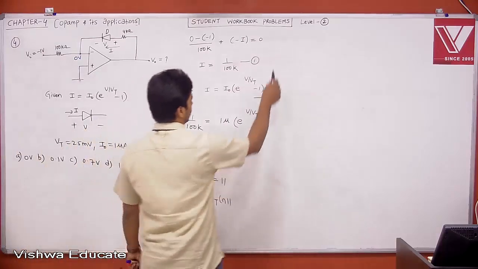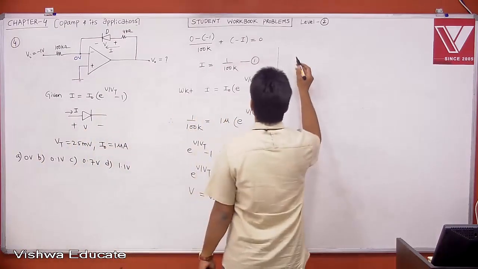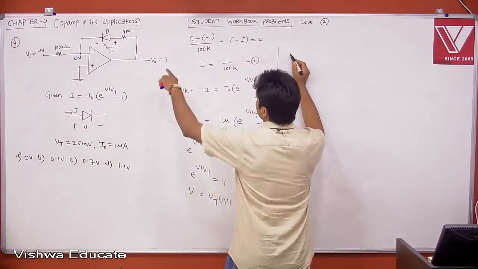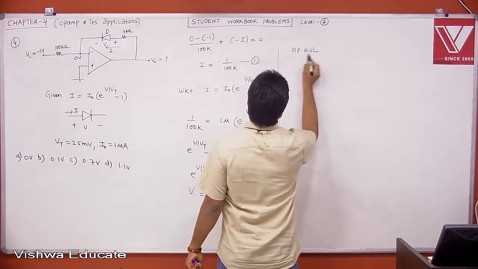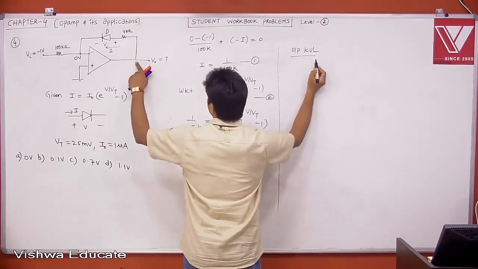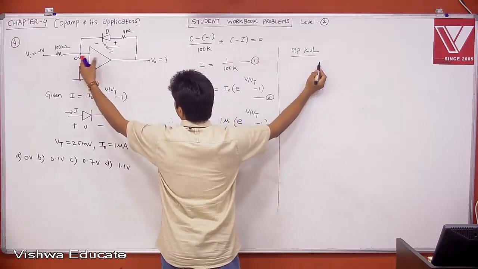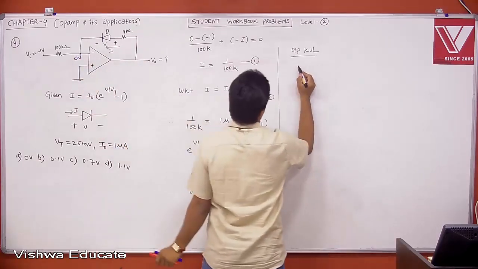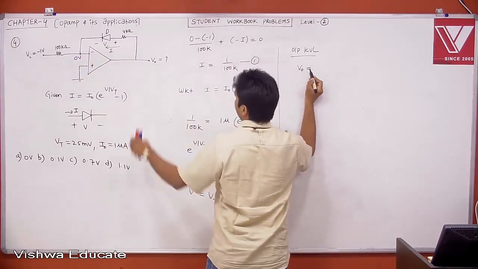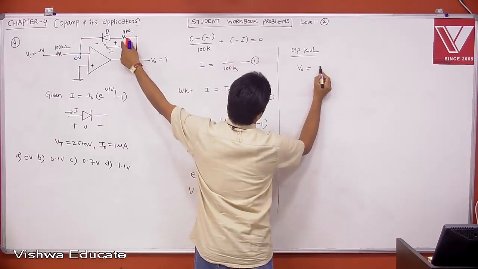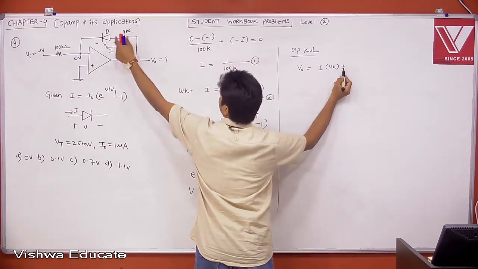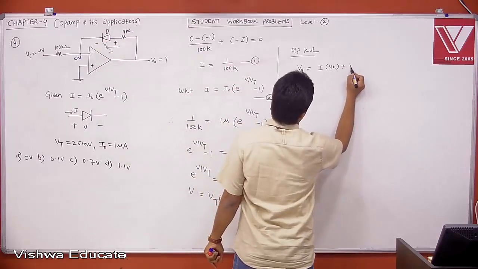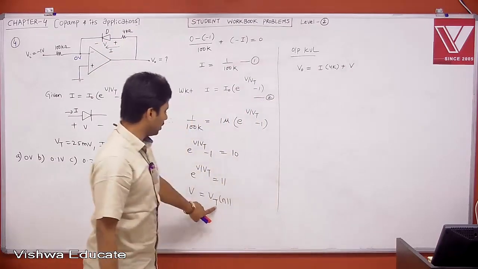Once you get this, tell me what is your output KVL. Voltage at this point with respect to ground is nothing but 0 only. Therefore, V0 is equal to the drop across this, that is I into 4k, plus the drop across the PN junction, that is V, which we already got, Vt ln 11.